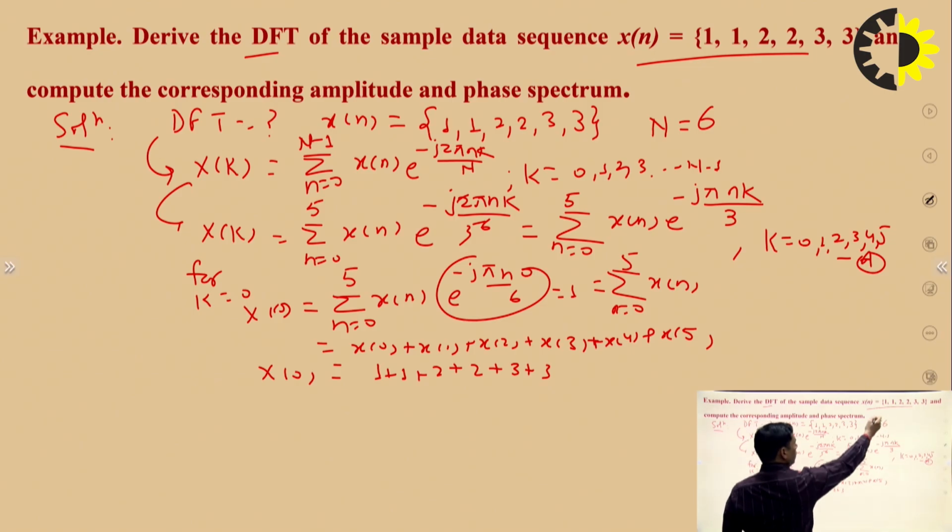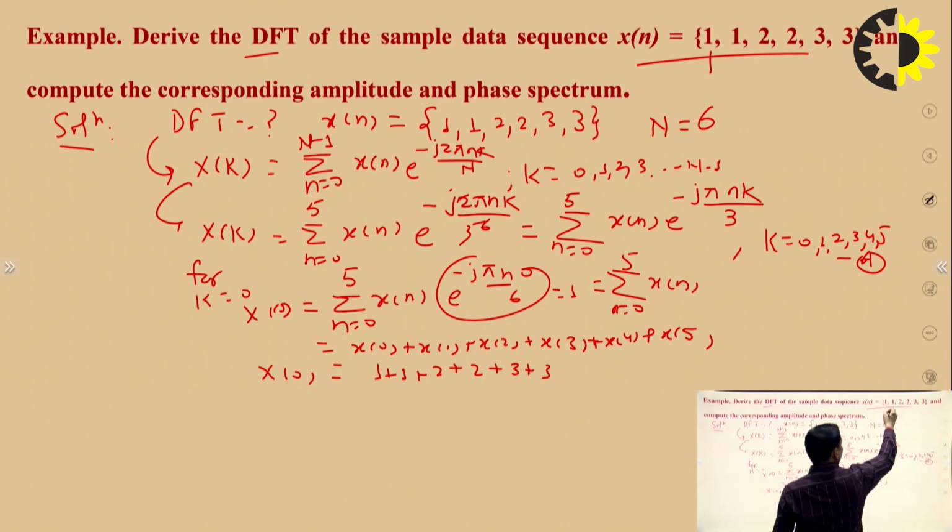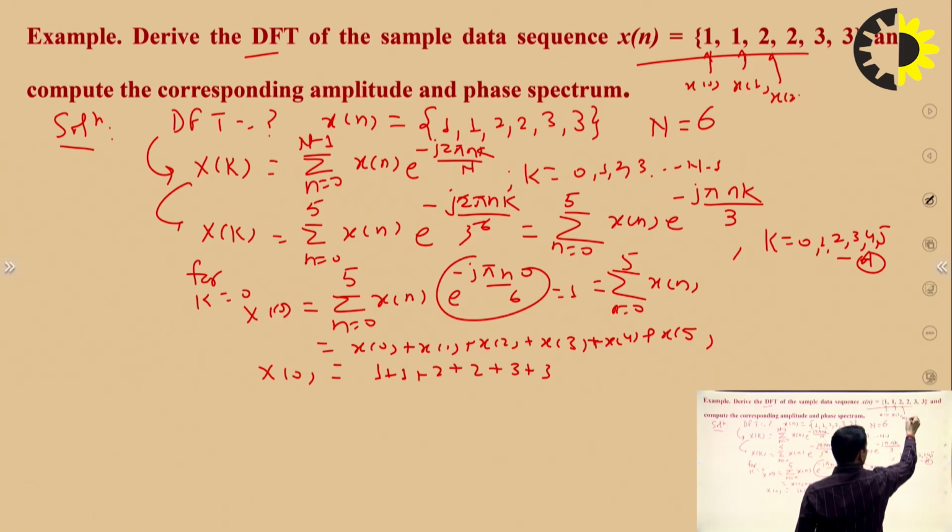We put all the values, because the first one corresponds to n equals 0, small x of 0, this is for small x of 1, this is for small x of 2, x of 3, x of 4 as well as x of 5 here.